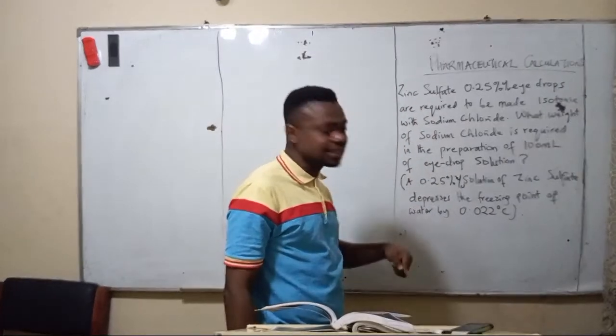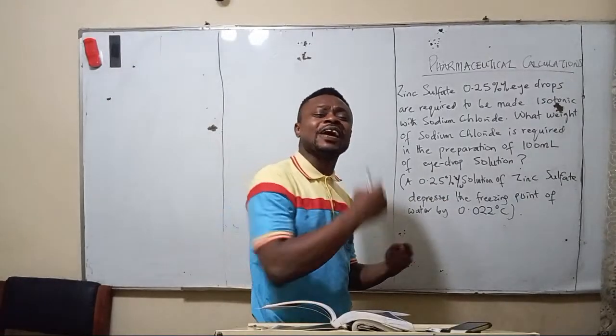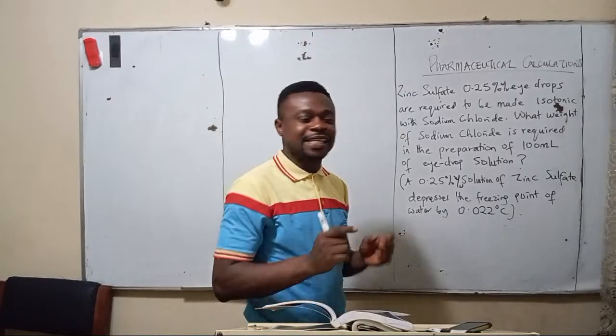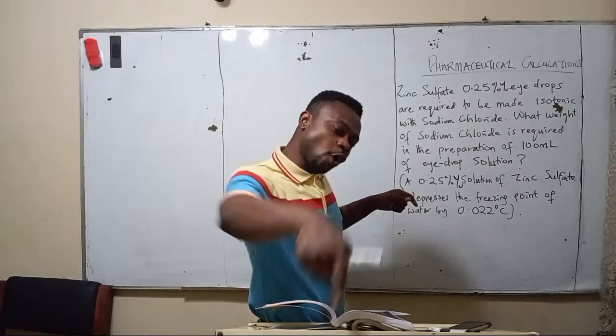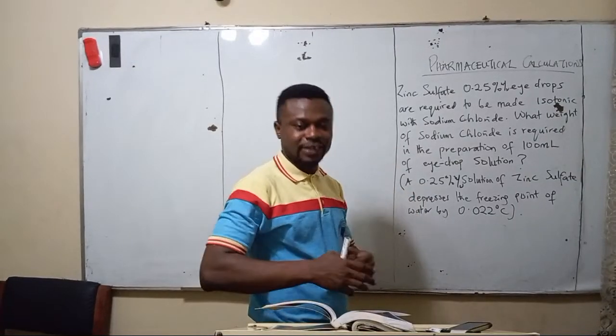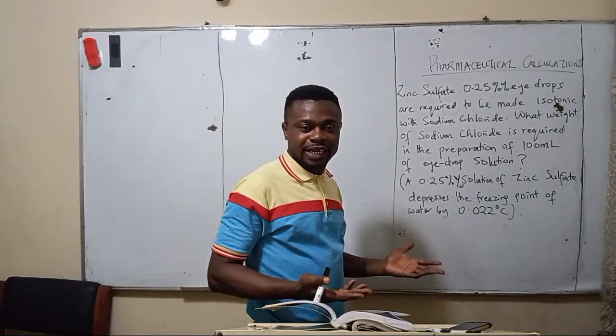So if we subtract 0.022 degrees Celsius from 0.52 degrees Celsius, we get a particular freezing point depression. Now we look at the amount of sodium chloride that can cause that depression we got, the difference. And that one is simple to get.